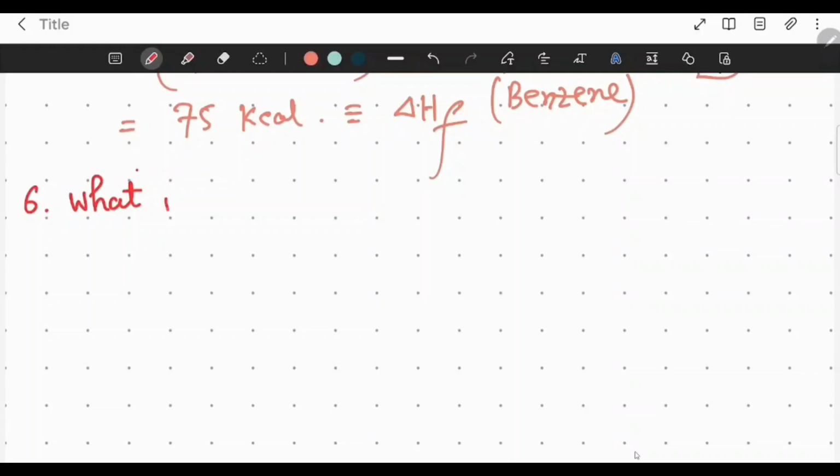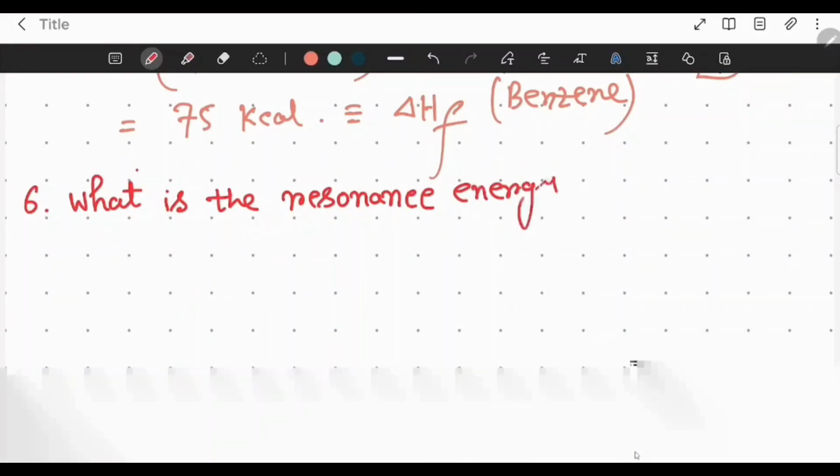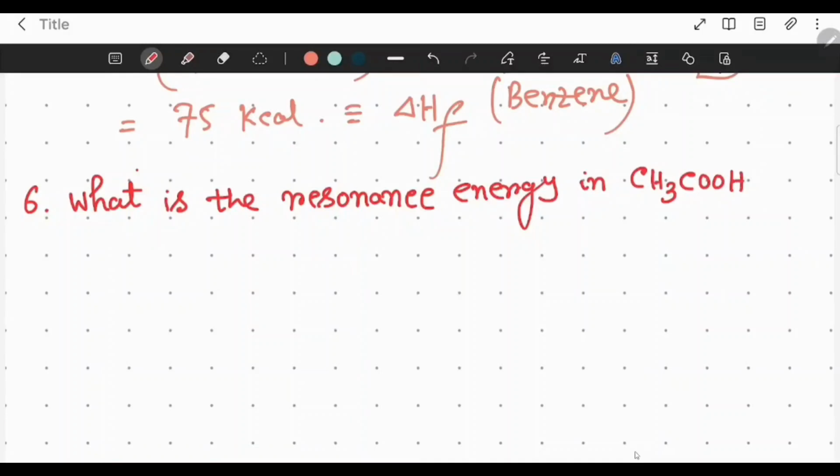What is the resonance energy in CH3COOH, acetic acid, from the following data?